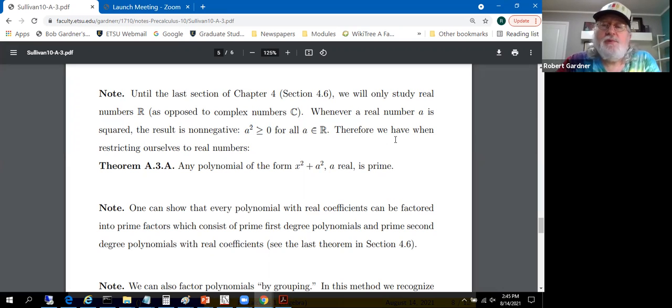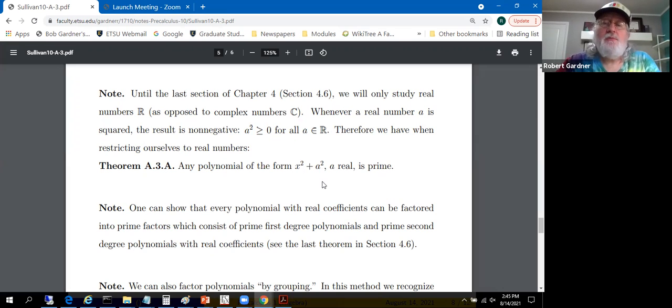Since we are restricting ourselves to real numbers throughout the class, though some of the supplements don't, we can say, certainly in this section, any polynomial of the form x squared plus a squared, where a is real, is prime. This parameter, a squared, is greater than or equal to 0. If it's strictly greater than 0, then this cannot be factored.